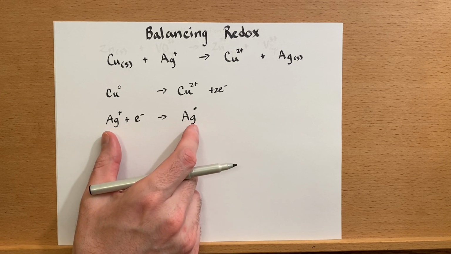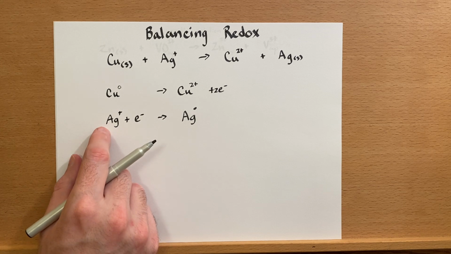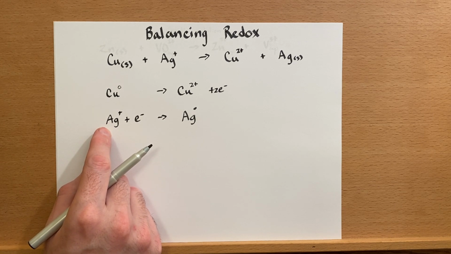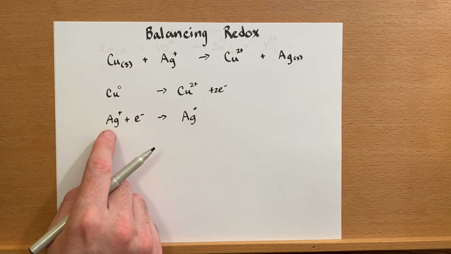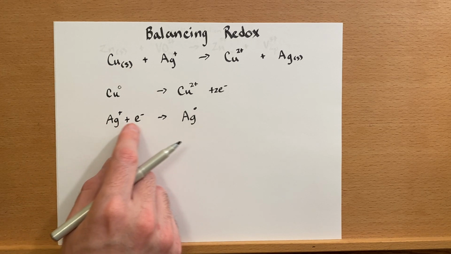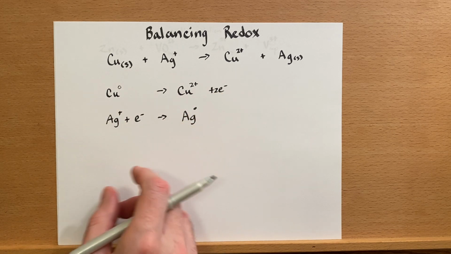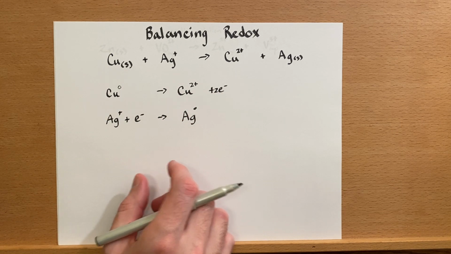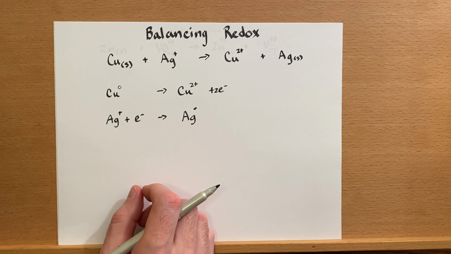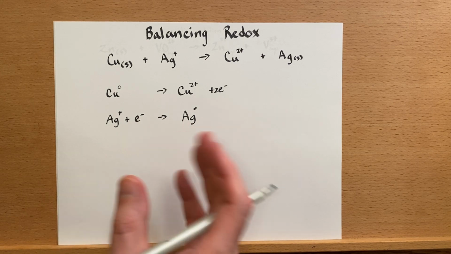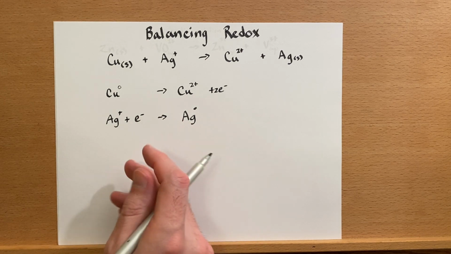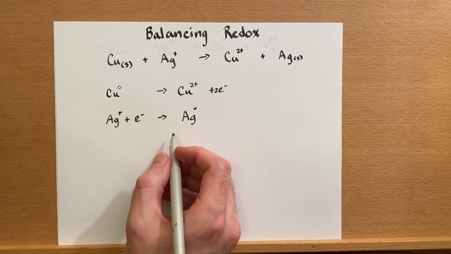So this is the reduction reaction, and that would be the oxidizing agent. So this is the reducing agent, this is the oxidizing agent, this is the reduction reaction, that's the oxidation reaction. Things can get a little bit complicated, but just think about what's happening, and we'll put it all together.